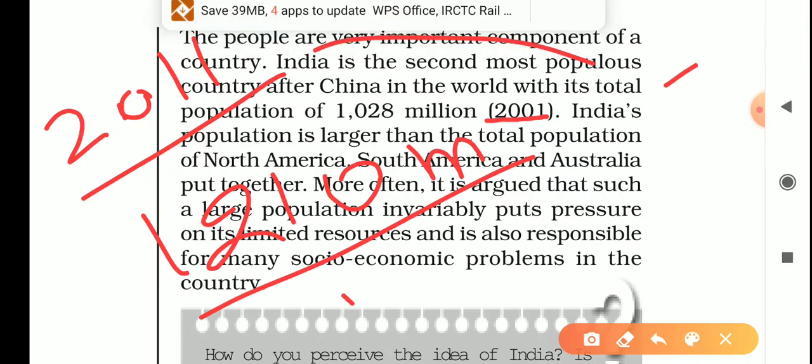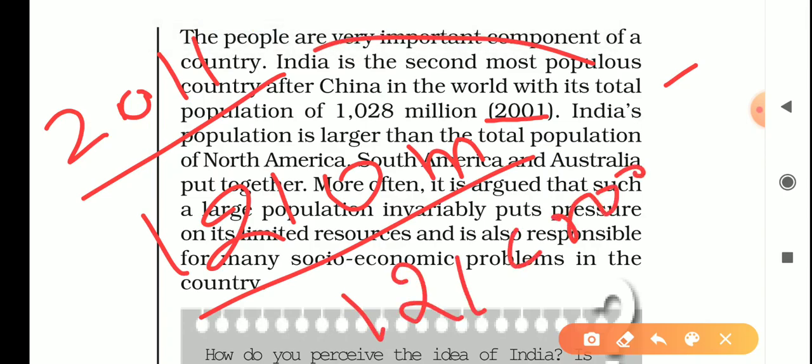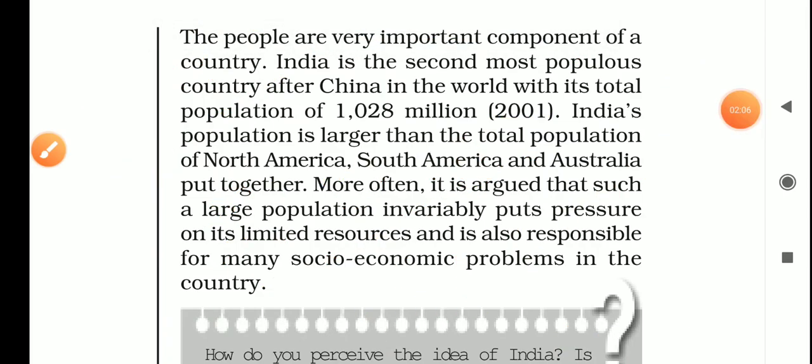That was 121 crores. Then India's population is larger than the total population of North America, South America, Australia put together.